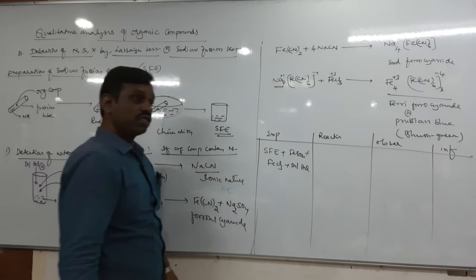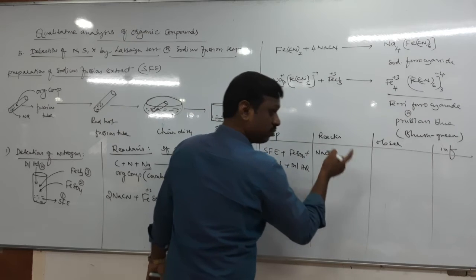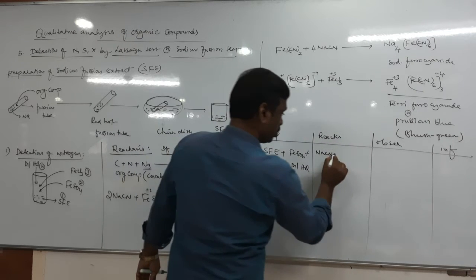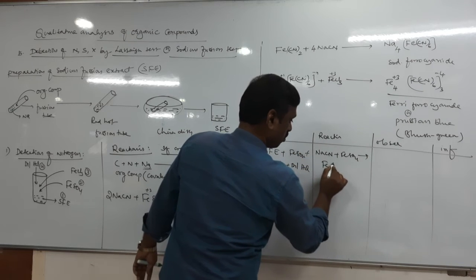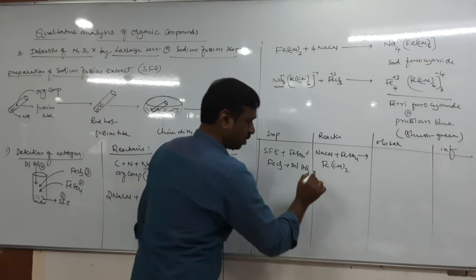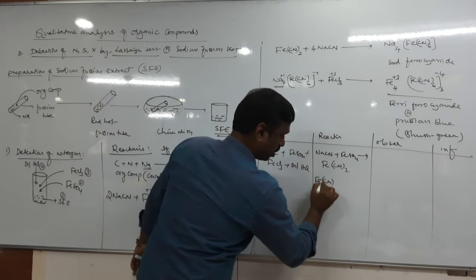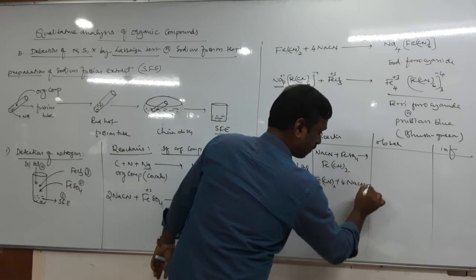Okay. Then what is the sequence of reactions? SFE containing sodium cyanide reacts with FeSO4, which gives rise to Fe(CN)2, ferrous cyanide. Next, ferrous cyanide reacts with excess of sodium cyanide.